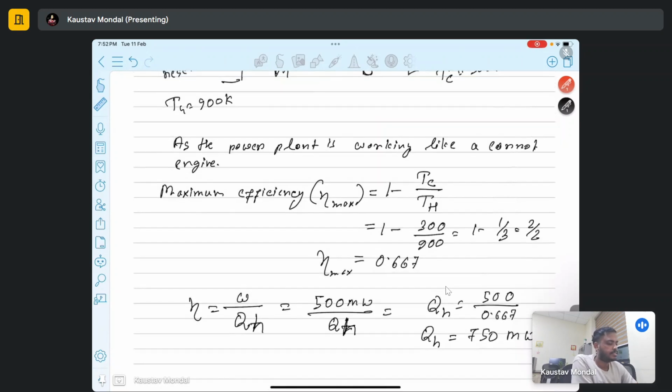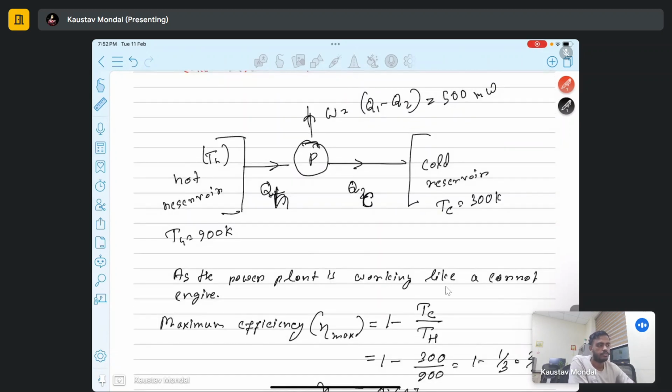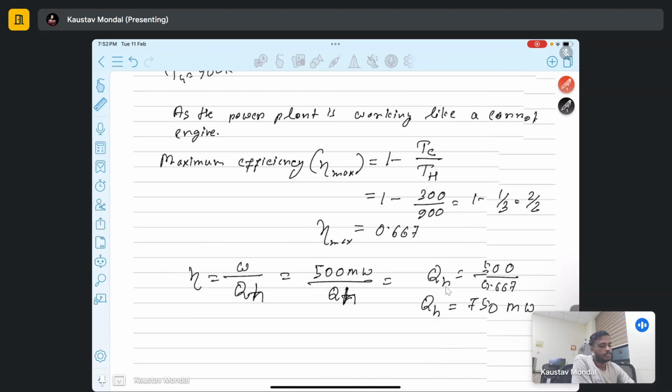That would be the heat drawn out from the hot reservoir. Okay, this is one thing.